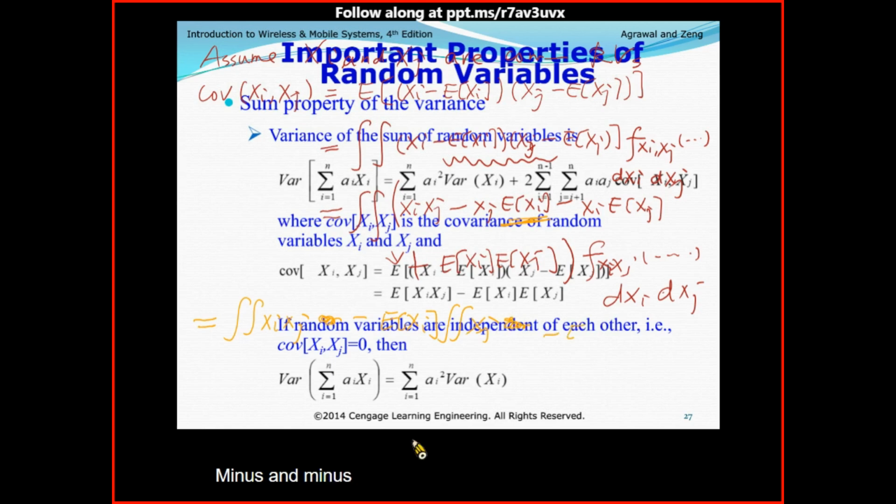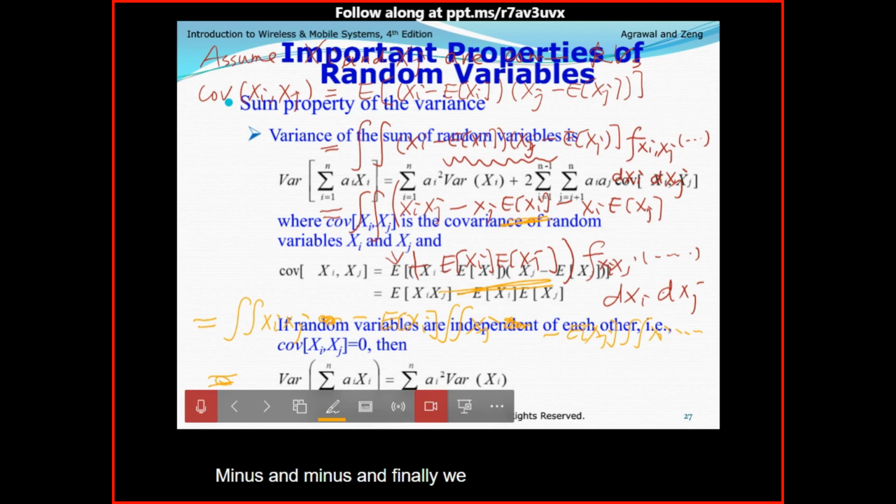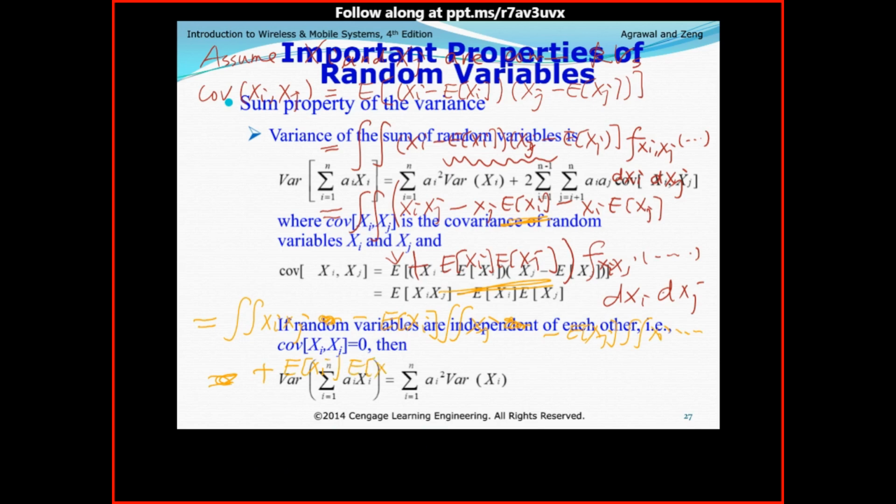And J moves to the outside, and you have I. And finally, it's a constant, so you can move it totally to the outside. Sorry, it's plus. Ij. And here you have 1.